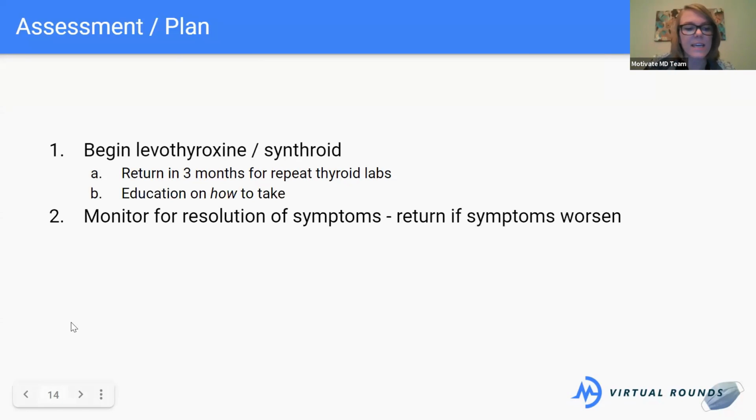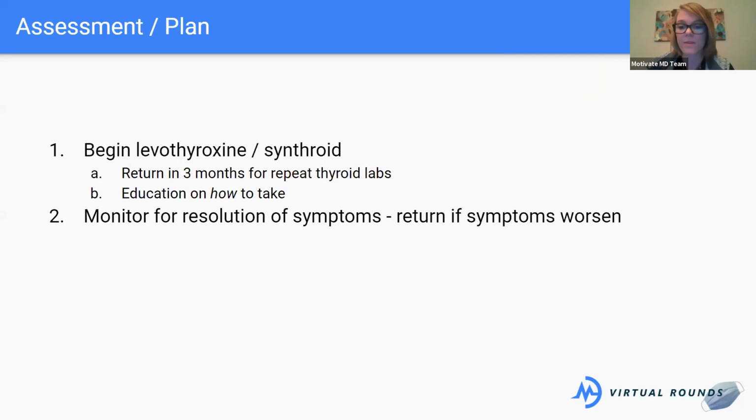Education on how to take it. So along those lines, what do we tell our patient? How should she be taking this medication? Yes, somebody asked a question, then typically after every 6 months. Exactly. If they become euthyroid, meaning their thyroid labs are within normal range, we can extend to retest their thyroid levels about every 6 months.